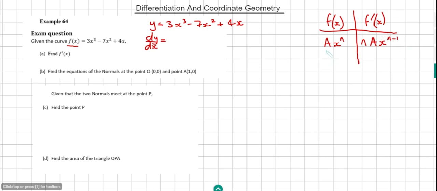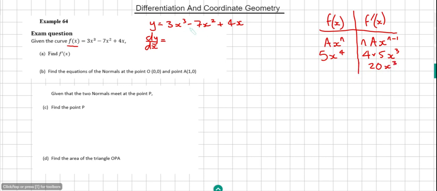An example of that, if I put numbers into this, let's imagine we had 5x to the power 4. The n here is 4, and we multiply that to the front, so we have 4 times 5, and then we subtract 1 from the power, so it becomes a 3, giving 20x cubed.